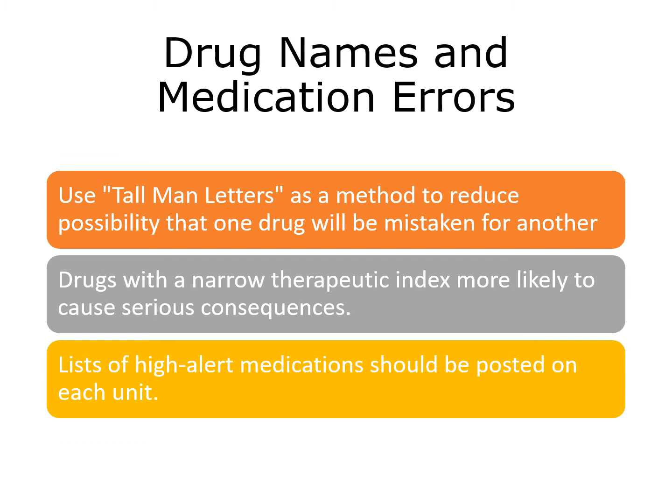Use tall man letters as a method to reduce the possibility that one drug will be mistaken for another. That's a very good idea, right? So some letters are put in capitals to make it more obvious which drug you're referring to. Drugs with narrow therapeutic index are more likely to cause serious consequences.